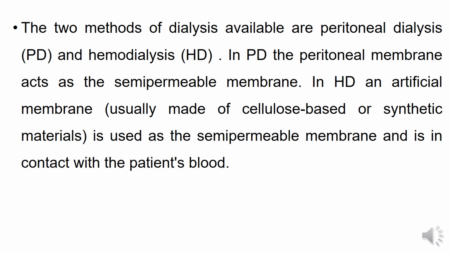A cellulose-based material is used in the hemodialysis machine, and by using that material we remove the waste products. So in hemodialysis, the cellulose-based material acts as a semi-permeable membrane to clear the patient's blood.